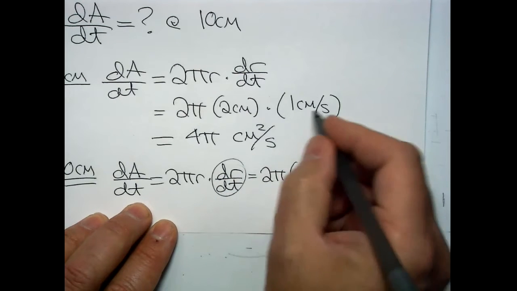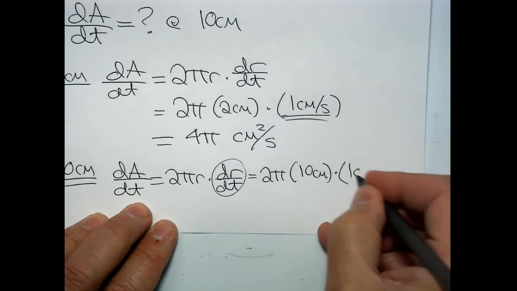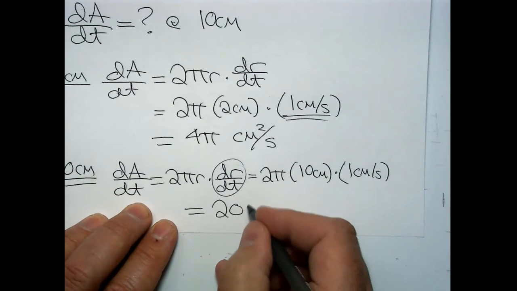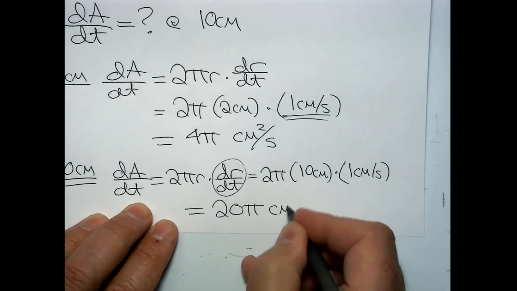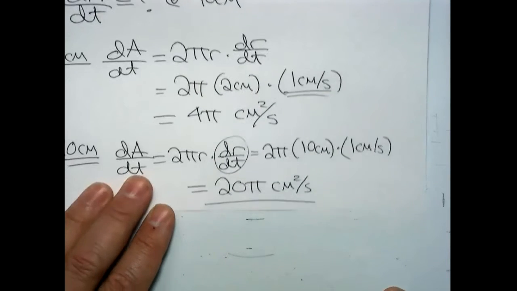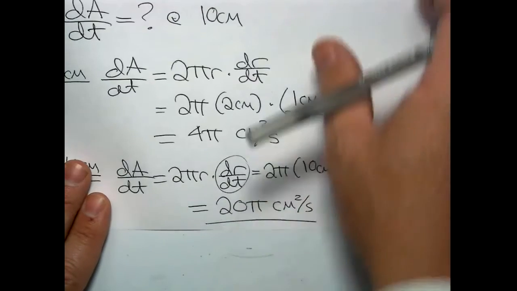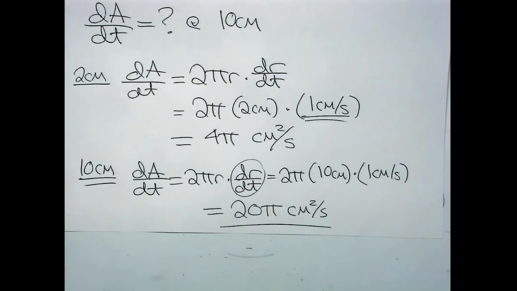How quickly is radius growing? Well, for this problem, it's fixed at 1 centimeter per second. And look what happened to dA/dt. It's now 20 pi centimeters squared per second. That's 5 times faster accumulating area than we did when r was just 2 centimeters. So it did sort of match our expectations.